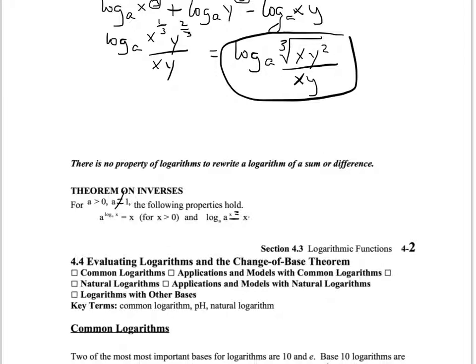So the remaining example we have for the theorem on inverses gives us an explanation of one property we've already discussed, but another one that you probably haven't seen but is easy to understand. If you were to change this first property, a raised to the log base a of x power equals x, into log form, look at what you would have.